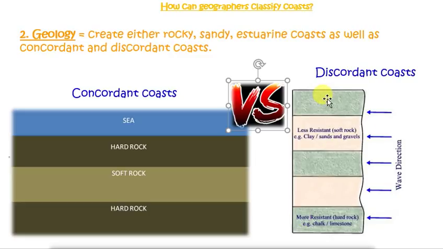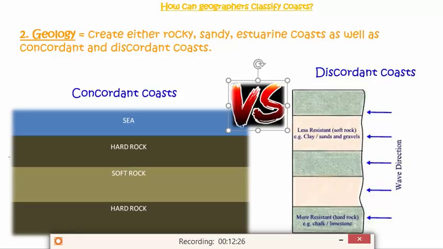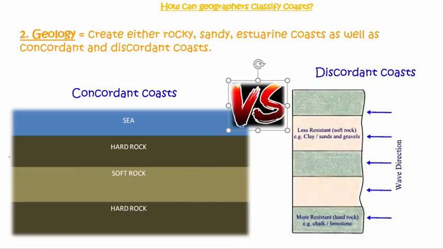So you've got hard rock that's green, then soft, then hard, then soft, then hard, and they're at 90 degrees to this coastline. On the left, you've got hard rock, soft rock, but they are parallel to the coastline. In lesson, we're going to look at what effect that has on landforms. I'm not going to spoil the surprise now, folks, but we'll do that in lesson.